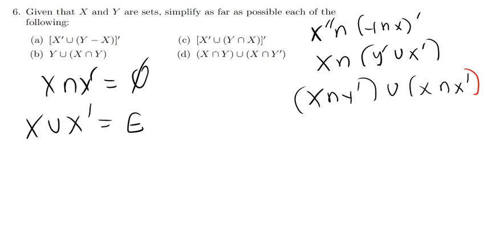Yes, we do know, sir. Okay. So if you do, then there's no need of me wasting time. So if you don't know that x intersection x complement is empty, you can let me know. I can prove it for you.